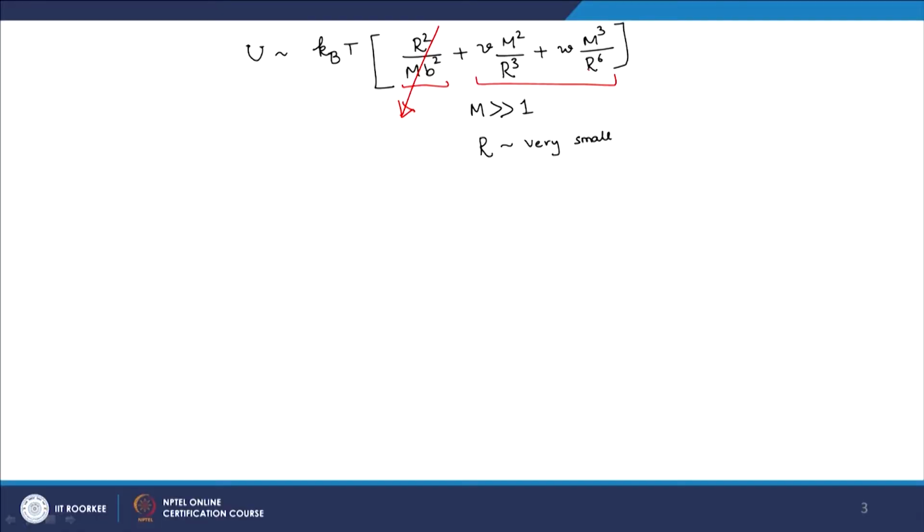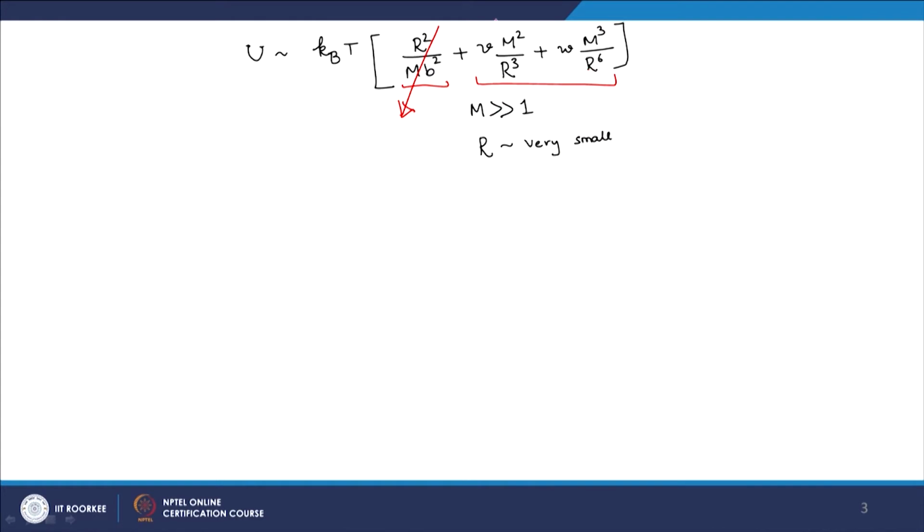The first thing is that both these terms are positive. If I assume the first term is always, so in this case the first term is negative because v is less than 0, and of course m and r are positive.